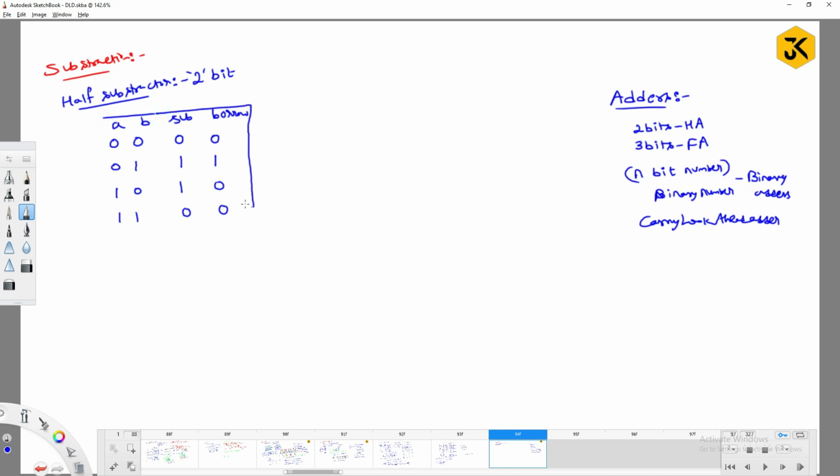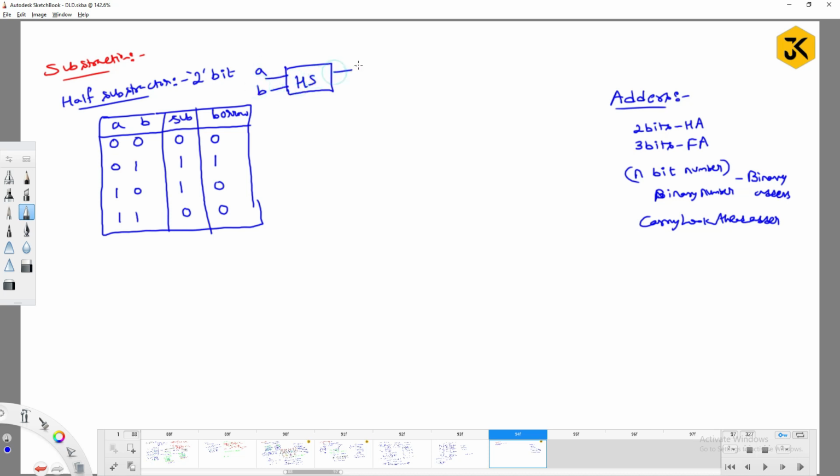So with this truth table, can we construct the circuit diagram for it? Yes, right? As with the half adder, we have a half subtractor, where you give two inputs A and B, which produces subtraction as an output as well as borrow as an output.